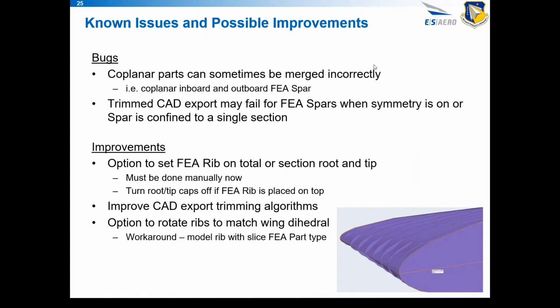If you have rounded tip caps, that's a little different, but if you have flat tip caps, that will be an issue. So turn them off if they're flat and you're placing a rib there. We also talked about improving some of the trimming algorithms for these different FEA parts. And I mentioned earlier the issue with rotating ribs when you have a dihedral or anhedral. Right now, you'll just have to use a slice type to model them instead.